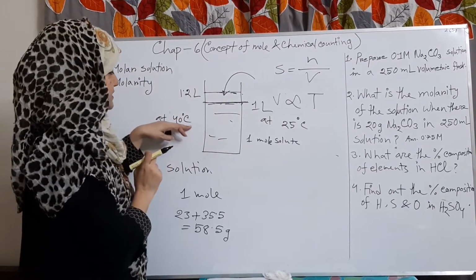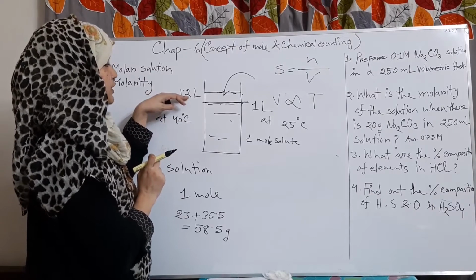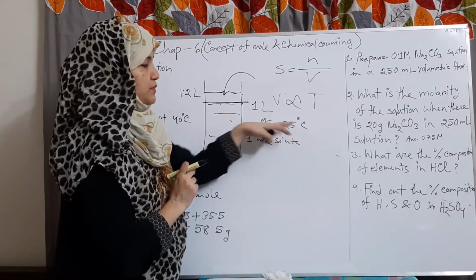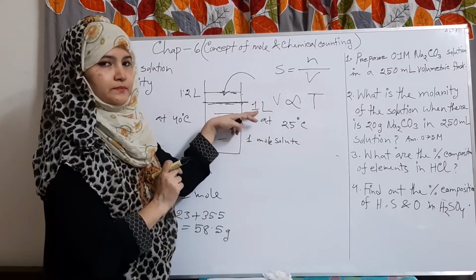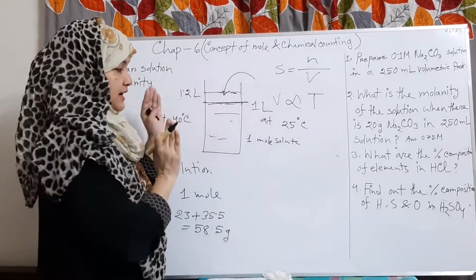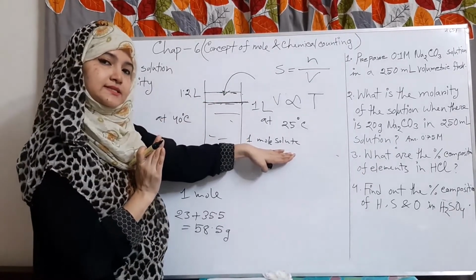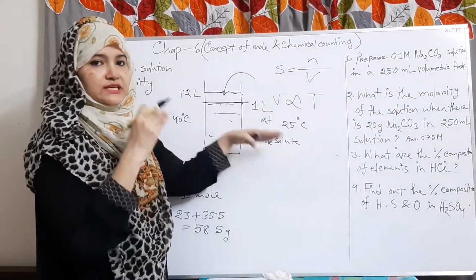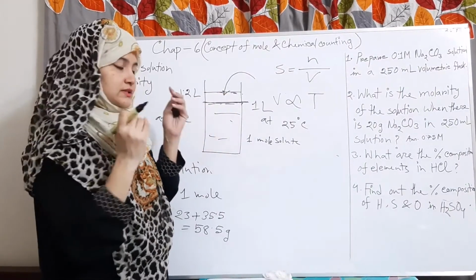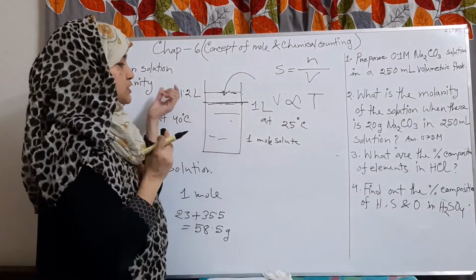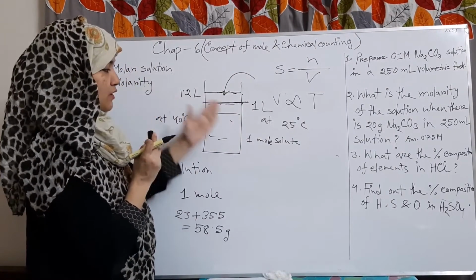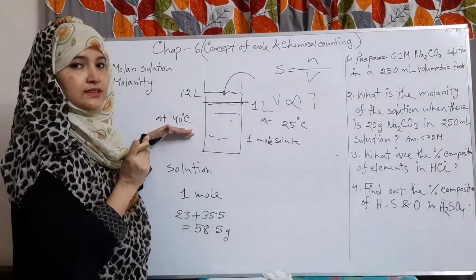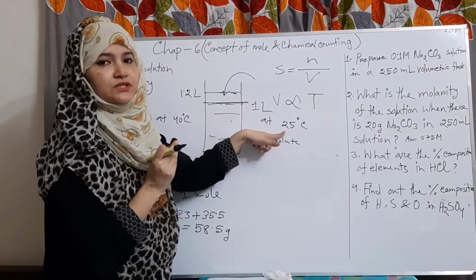At 40 degrees Celsius the volume will be 1.2 liter, and at 25 degrees Celsius it was 1 liter. But the amount of solute is still the same, 1 mole. So it can easily be understood that the molarity, the concentration of the solution at 40 degrees, is less than at 25 degrees Celsius.